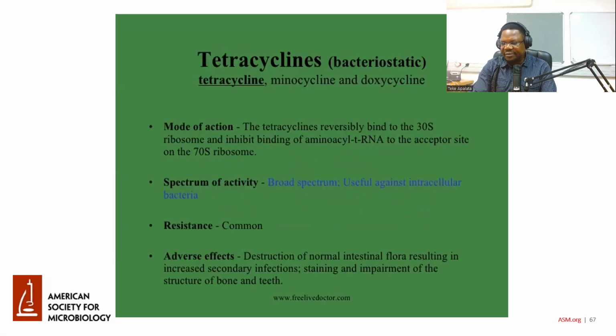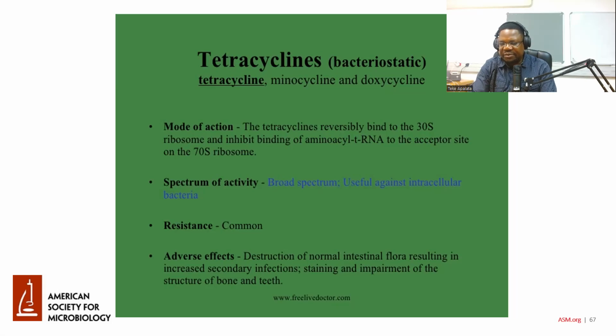Besides the aminoglycosides that act on the 30S subunit of the bacterial ribosome, we also have the tetracyclines. Tetracyclines have a bacteriostatic activity. Here we have tetracycline, minocycline, and doxycycline that belong to this category of drugs.